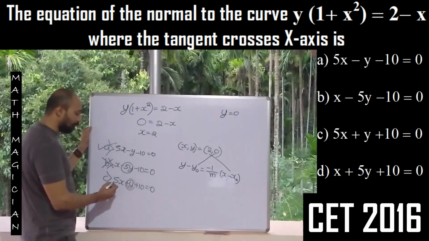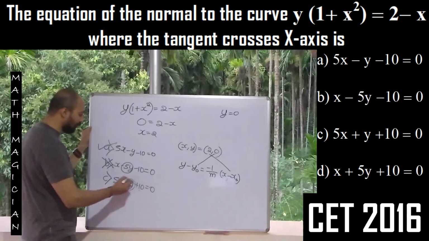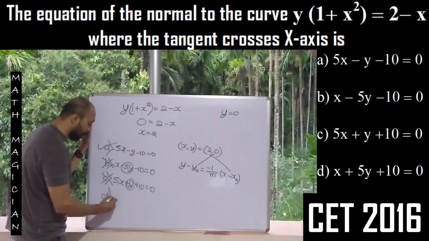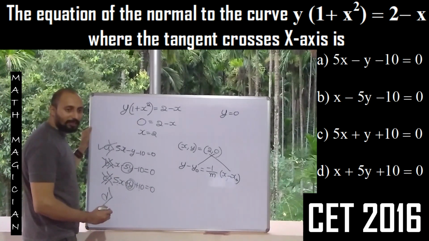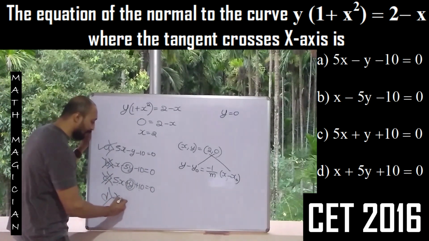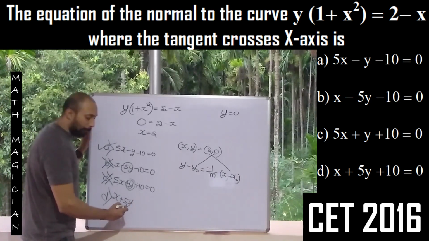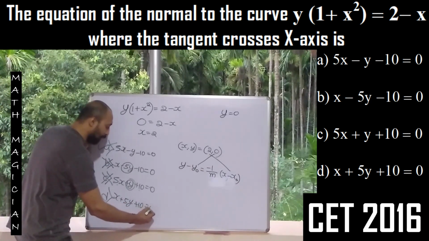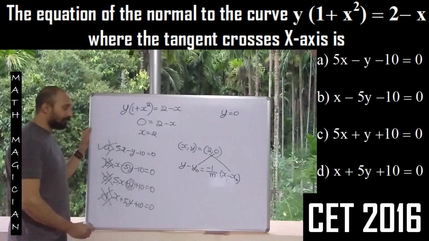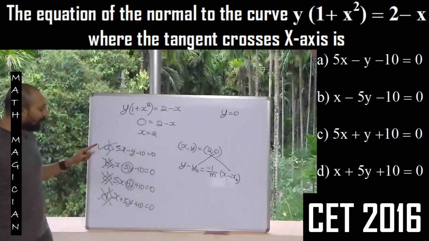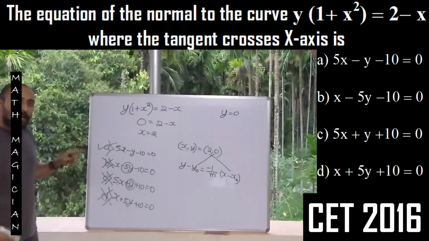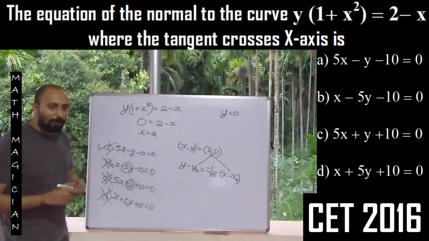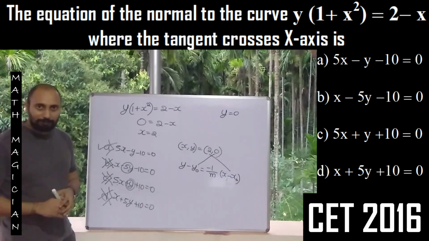So this will become 0. 5 times 2 is 10, 10 plus 10 is 20. It is not equal to 0. I will try option D. Option D is x plus 5y plus 10 is equal to 0. Neither here it will satisfy. So 2 comma 0 is satisfied by option A. So option A must be the equation of the normal for this curve.